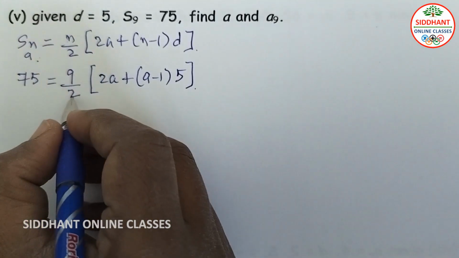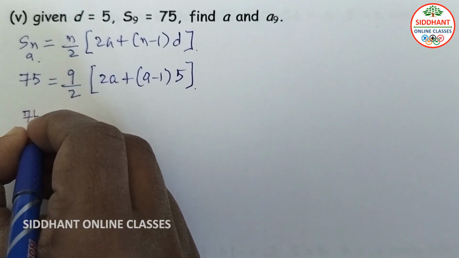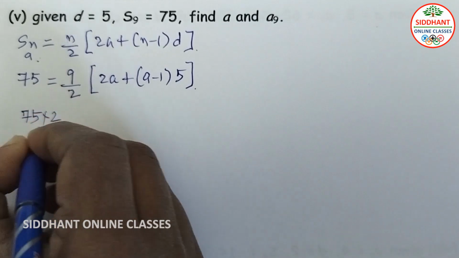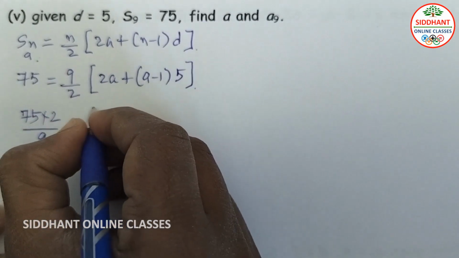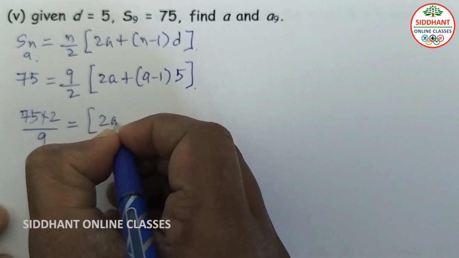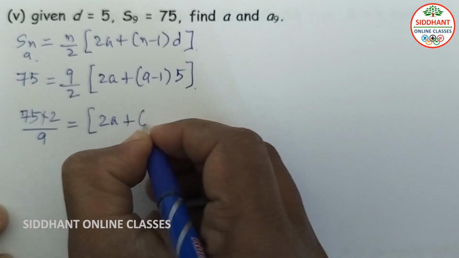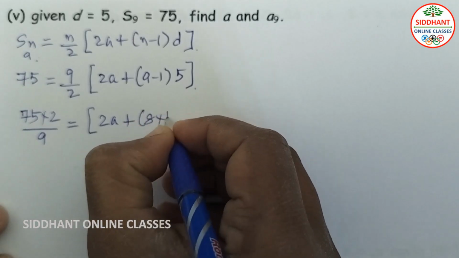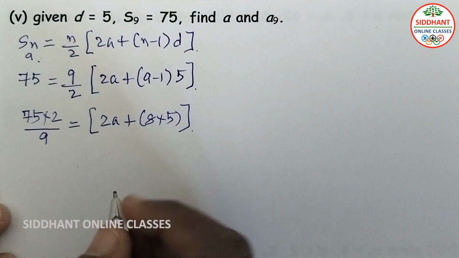Now 9 by 2 goes to the left side, which means 75 into 2 by 9 equals 2a plus 9 minus 1, that is 8, into 5.